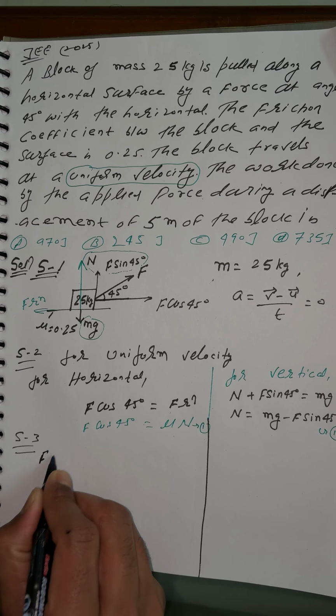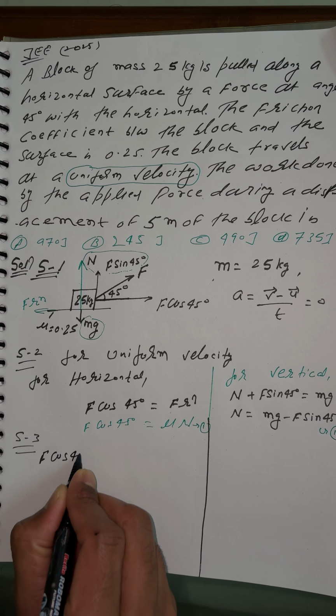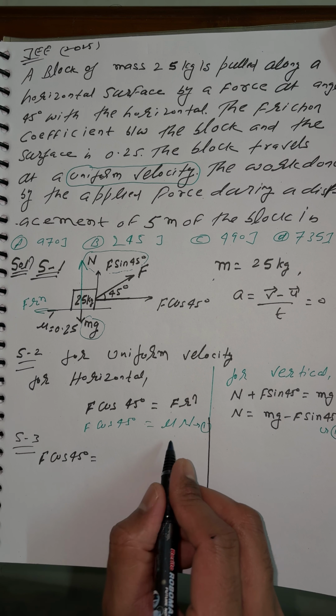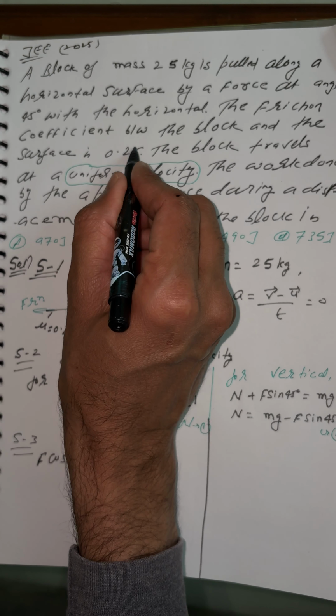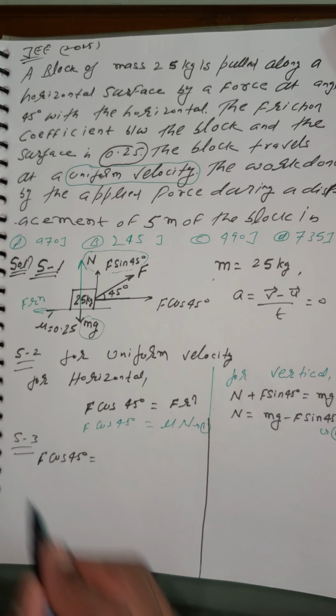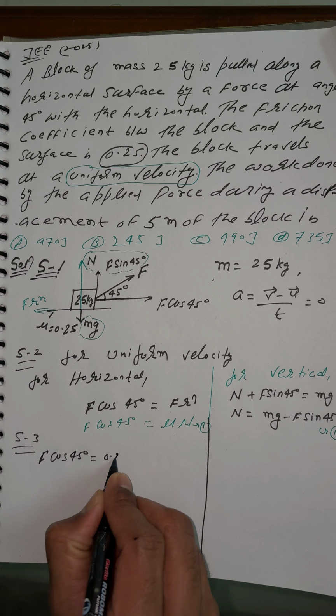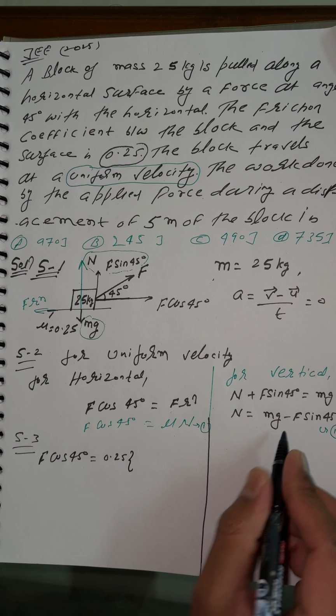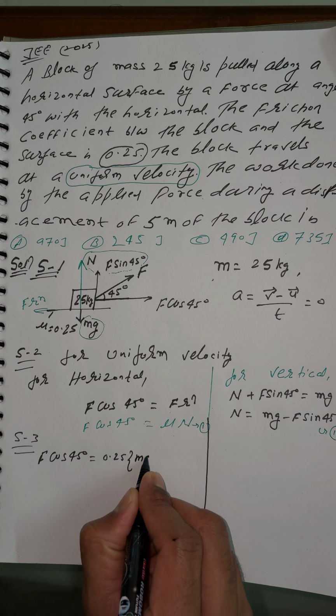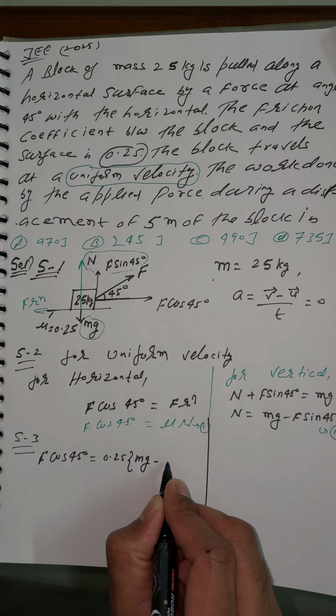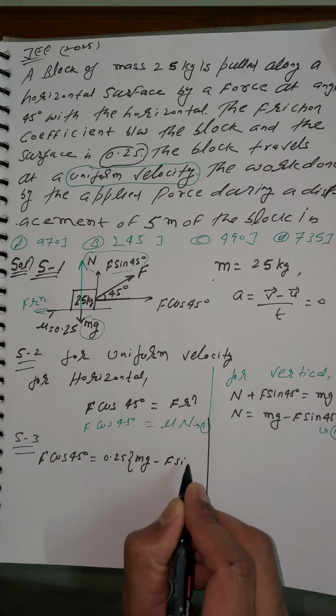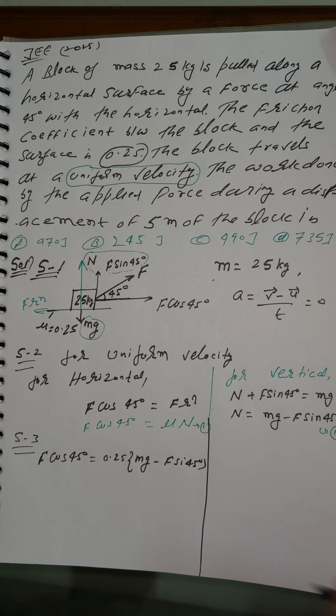So you can write, students, F cos 45 degree is equal to mu, which is also mentioned for us. How much, student? This is 0.25. So you can write 0.25 times normal, student. This is mg minus F sin 45 degree.